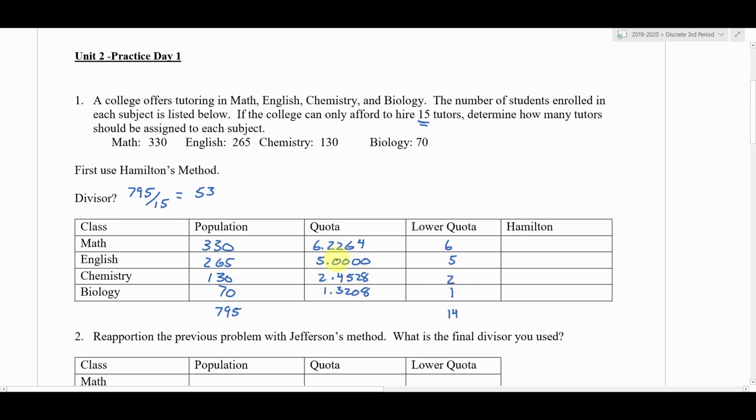All right, so this one's a 0.2, 0.0, 0.4, and 0.3. So the 0.4 is going to get the bonus tutor. So this 2 goes up to a 3, and the rest stay the same. So 6, 5, 3, 1, and when I add those up, we get 15.